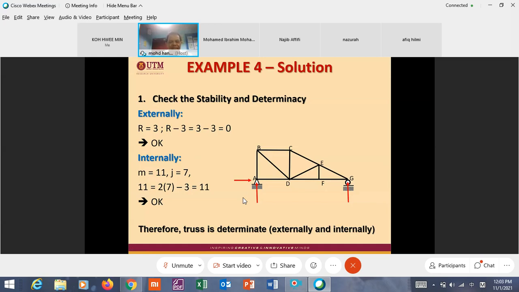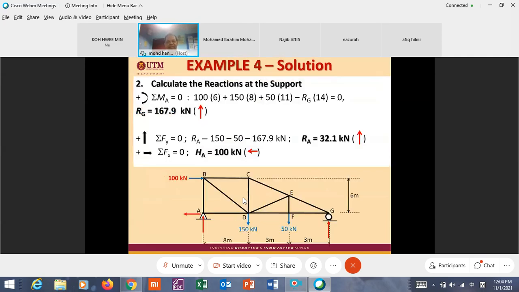Then m minus 2j equals 0, then it is okay. That means it is externally and internally determinate. If it is indeterminate, whether externally or internally, it is very difficult for us to continue. So check that it is determinate.